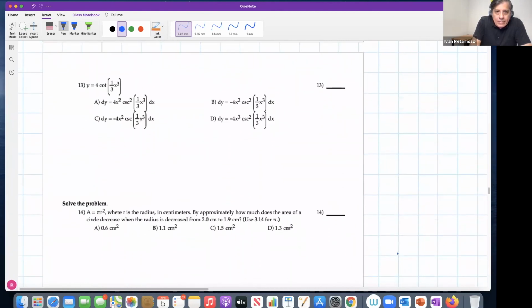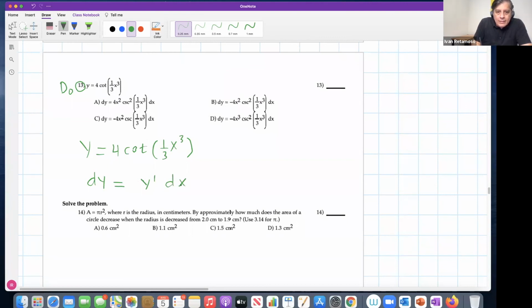So try this one, number 13, so I can show you the applications. y equals 4 multiplied by cotangent of 1/3 of x cubed, right? They want you to figure out the relationship with the differentials. y prime, the derivative, is going to go there, and then dx.